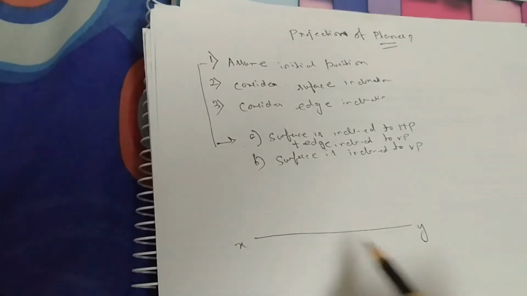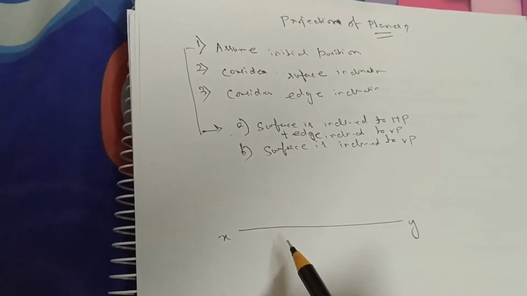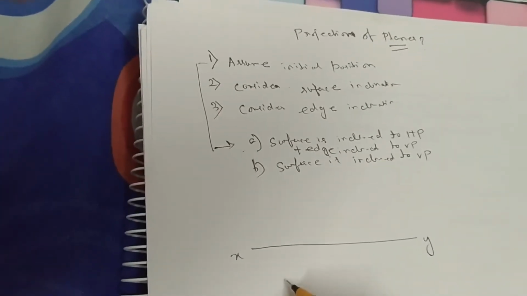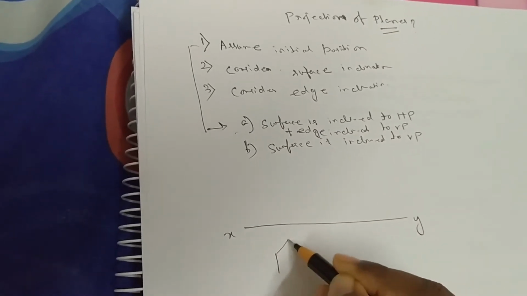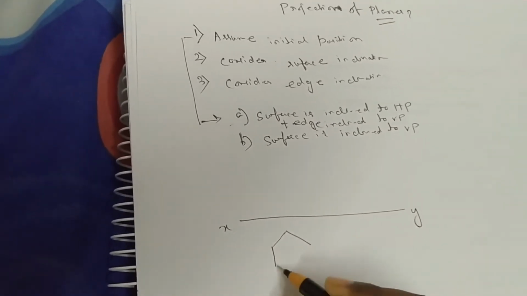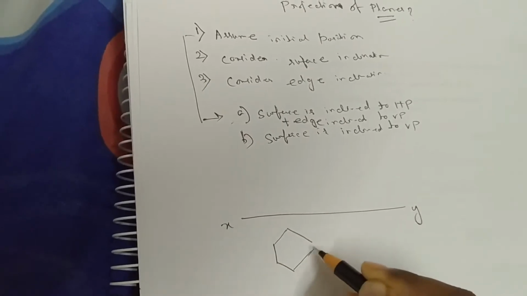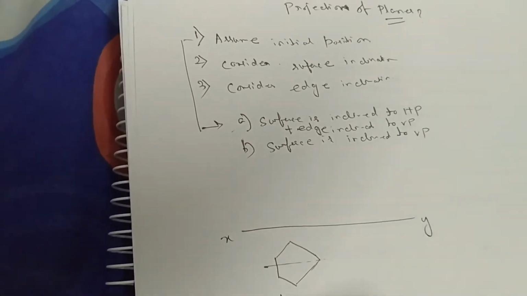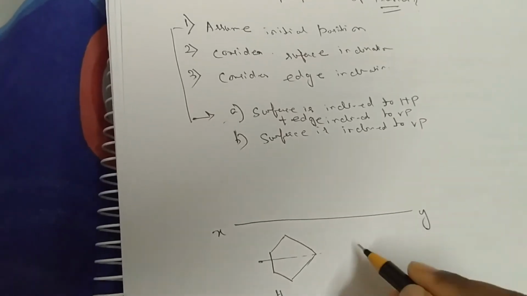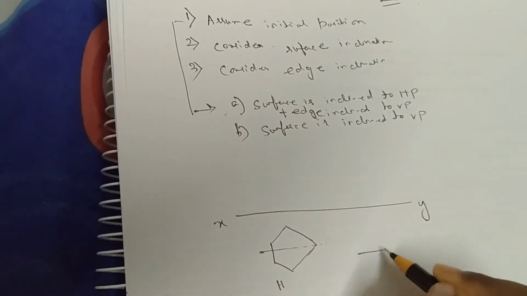This is your xy, your reference line. Suppose I have a pentagon like that. We can place it like that, and we can place it like that also.